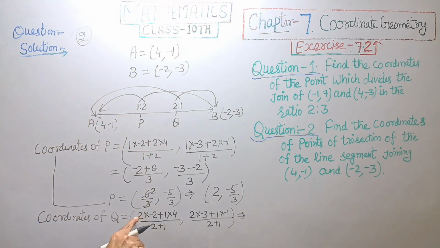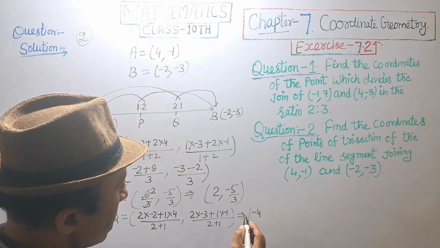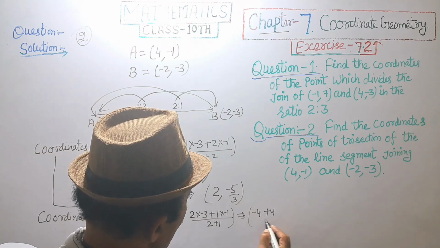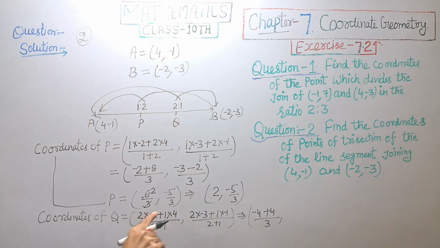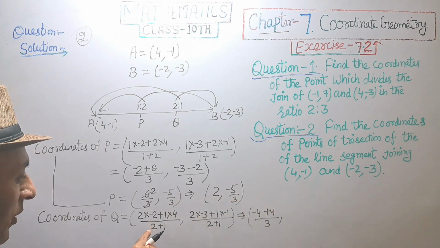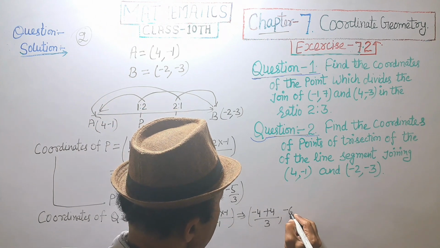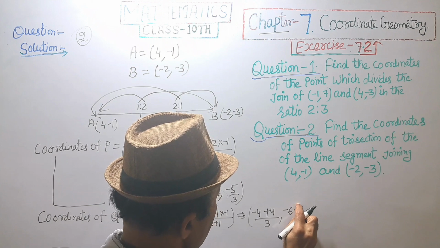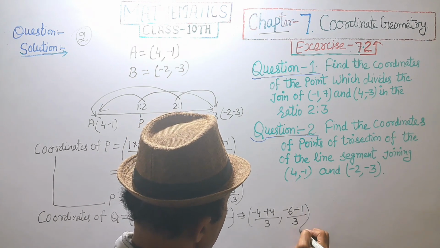This implies 2 2s are minus 4 plus 4 divided by 3, comma, 2 2s are minus 4 plus 4 1s are positive 4 divided by 3, comma, 3 2s are minus 6 minus 1, minus 6 minus 1 divided by 2 plus 1, 3.